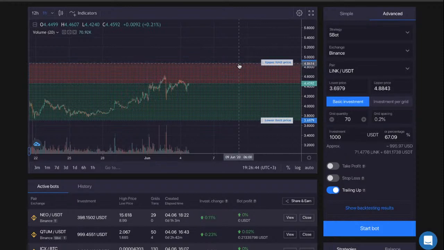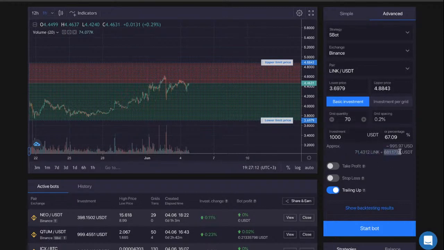In order to initiate the bot, you see we have a sell side, so we must have enough of the base currency. What is the amount of base currency we must possess? Here it is, 74. Now 74 LINK you must have on your account to initiate the bot, so that this amount of LINK will be distributed proportionately by these sell limit orders.